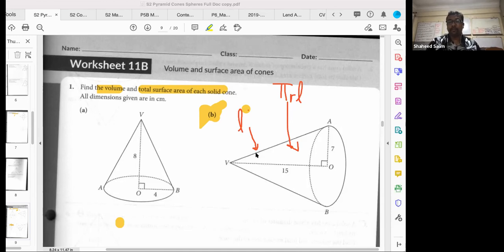How to find? You got to use your knowledge of Pythagoras theorem. Okay. All right, for you down here. So use Pythagoras theorem to find out. It's 15 here. It's 7 here. So what is this?